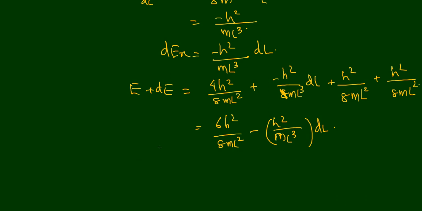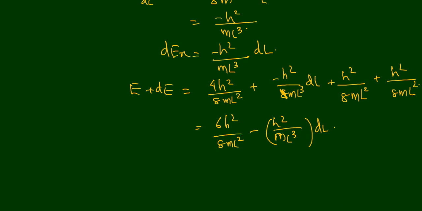Now we can consider what the new energy is if there is a distortion in the x direction in the case of the other two states, that is the 1 2 1 and 1 1 2 states.